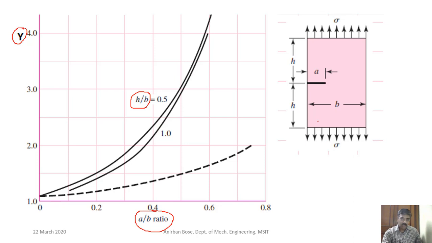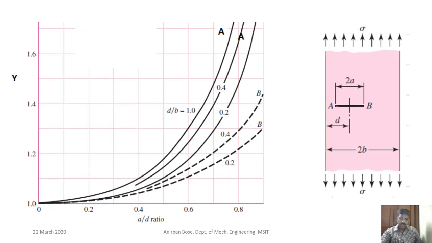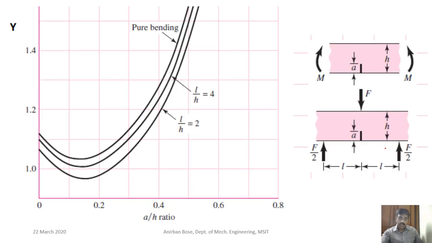Here you can see another one. Here it is not a surface crack, it is an internal crack, and again it depends on these geometrical parameters. Again, the type of loading is axial load. Here the type of loading is bending, and if the geometrical parameters are known, then from those it is possible to find out the value of Y. So these are some of the handbook data I have just shown you to understand how in practice these Y values are calculated.